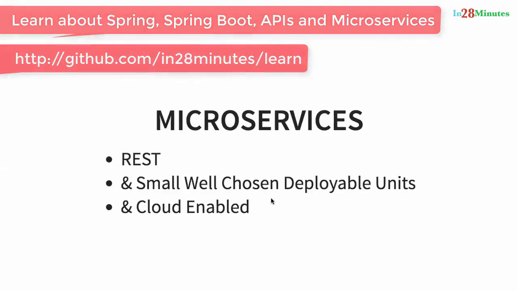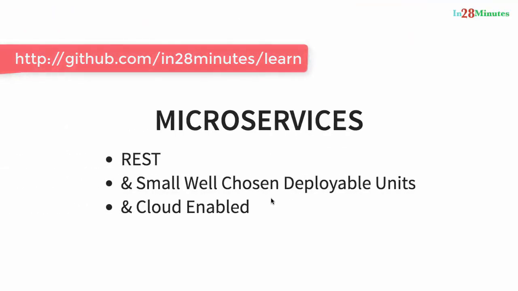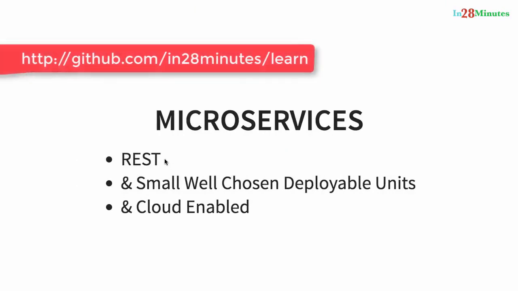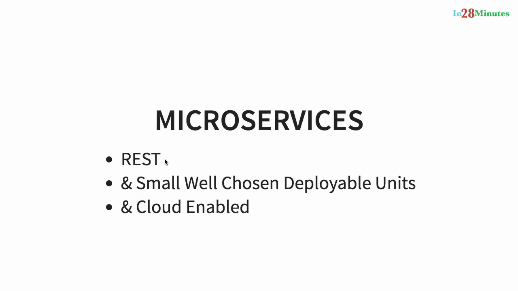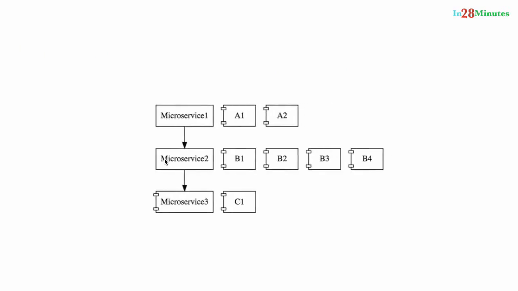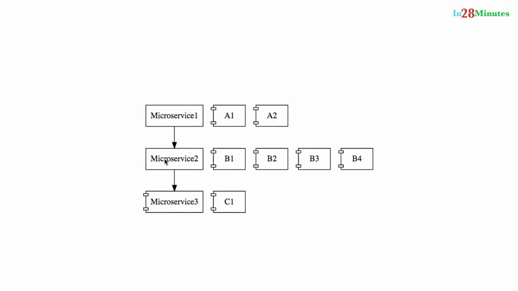So as far as this course is concerned, we already looked at RESTful web services. What we'll look at in the subsequent sections in this course is how to cloud enable them, how to set up an architecture such that it would be able to dynamically adjust and be able to bring new instances up and take the older instances down.